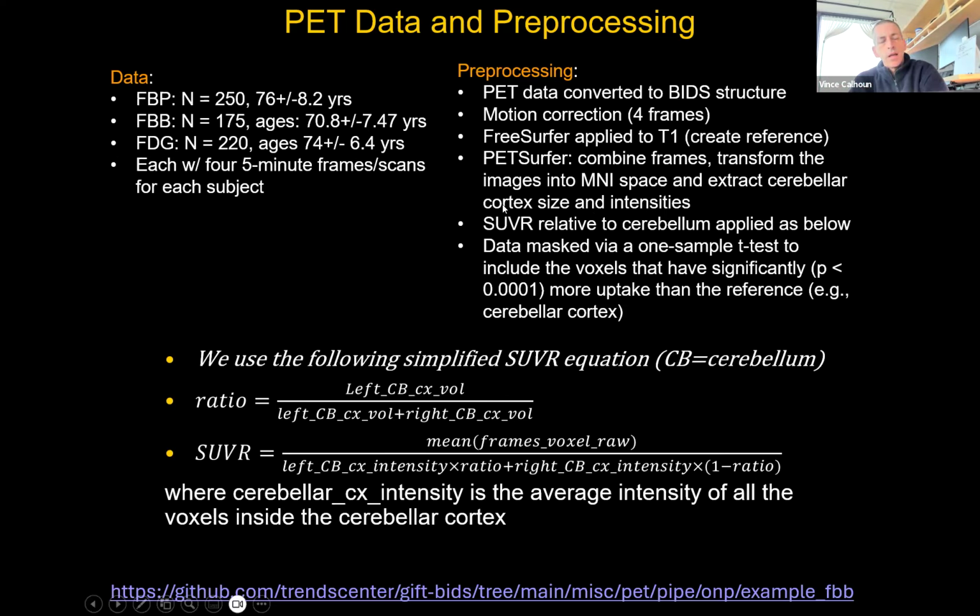And then I'll touch on scaling later, but for data-driven approaches, it's common to use a standard scaling, like you might z-score your data, or you could also use standardized uptake value ratio, like you might in other PET studies. For example, scale each image relative to the average activity in the cerebellum, right? So then that's relative change to a given region in the brain.